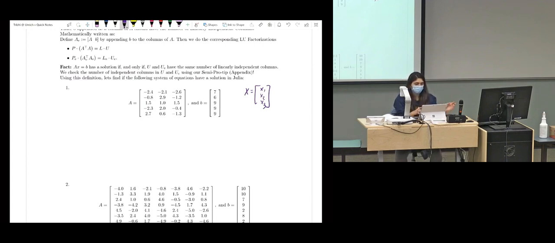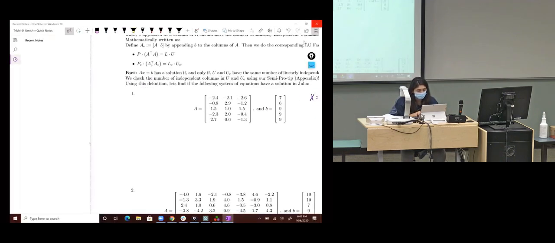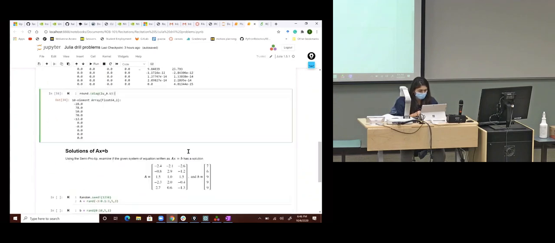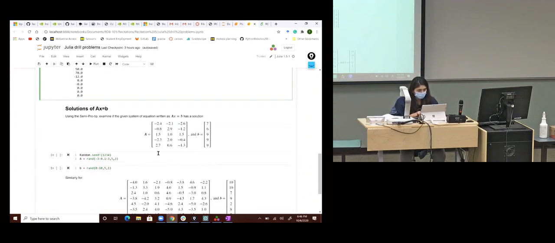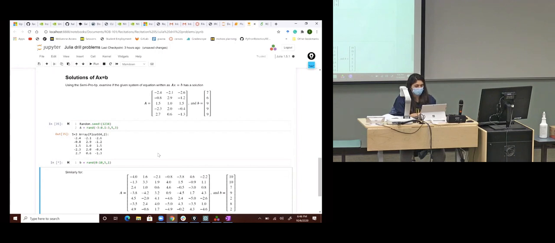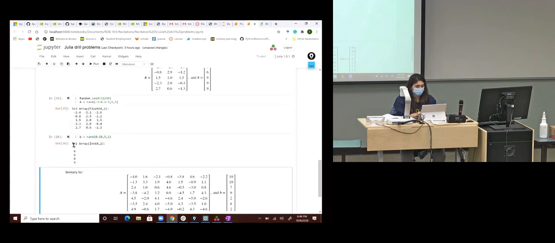Now, I'm going to go to Julia, and I already have the numbers in there. So somehow, with the same magic, when I run this, I'm going to get that beautiful matrix, and I'm also going to get the right B matrix.